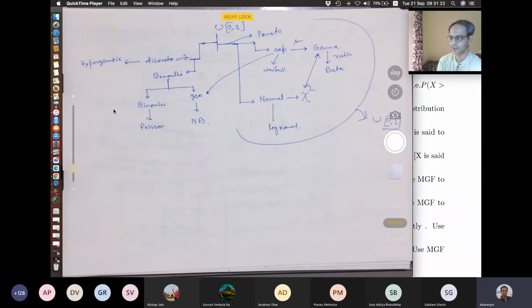So all this stuff you can have in a very nice way. They are not separate entities. They are interlinked, and the origin is always uniform, and under certain conditions you can go back to uniform.